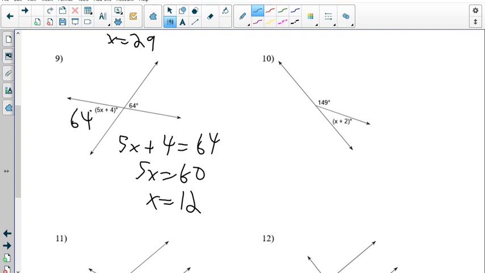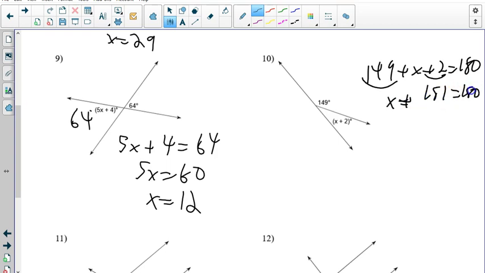Here we have a linear pair. So that means 149 plus x plus 2 equals 180. Combine like terms. X plus 151 equals 180. 180 minus 151 is 29.